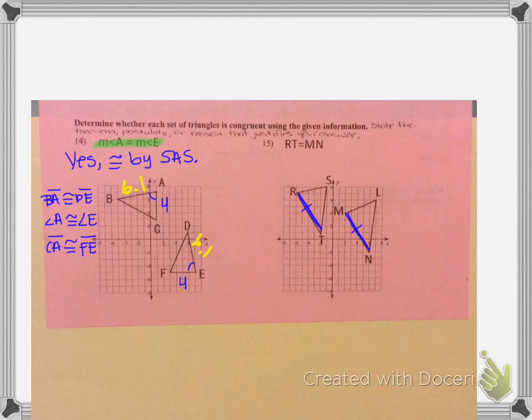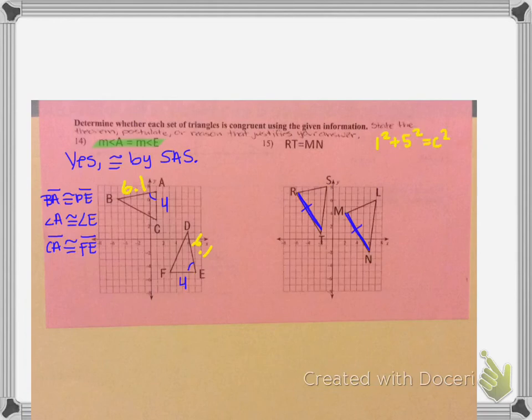So when I look at this other side over here, RS, I'm going to count. It is 1 by 1, 2, 3, 4, 5. So that's going to be a 1 by 5 triangle.